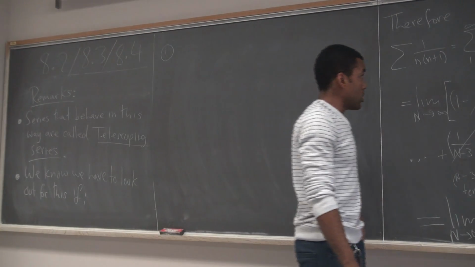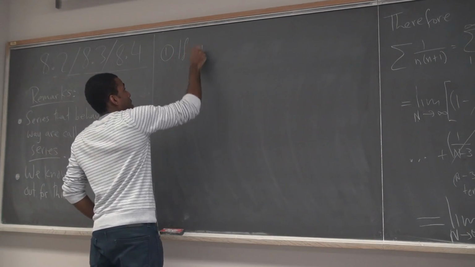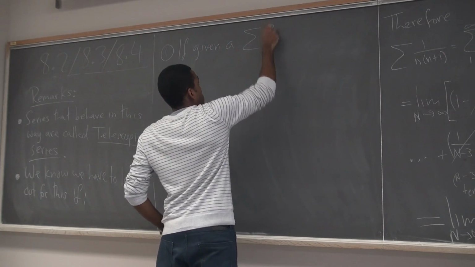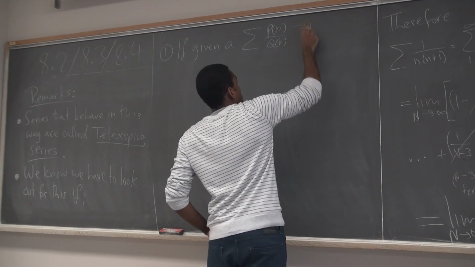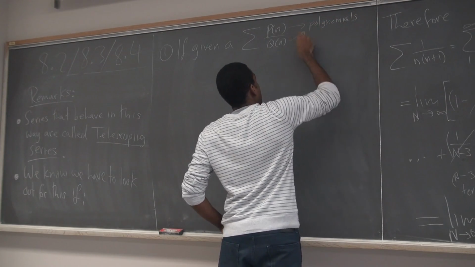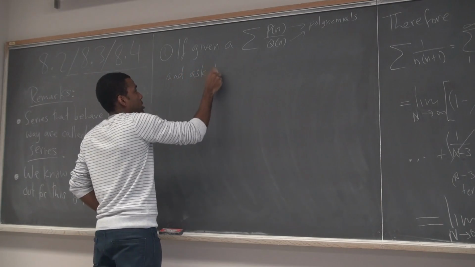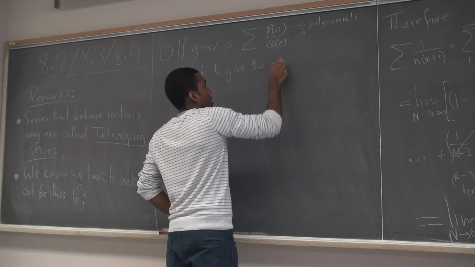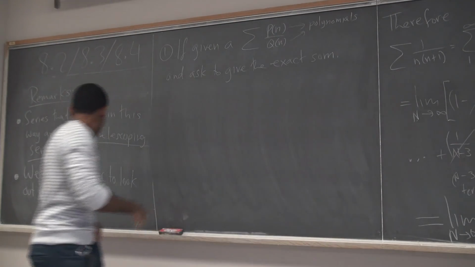One hint that you have to do a telescoping series, if given a series of the form P of n over Q of n, these guys are polynomials, and asked to give the exact sum.